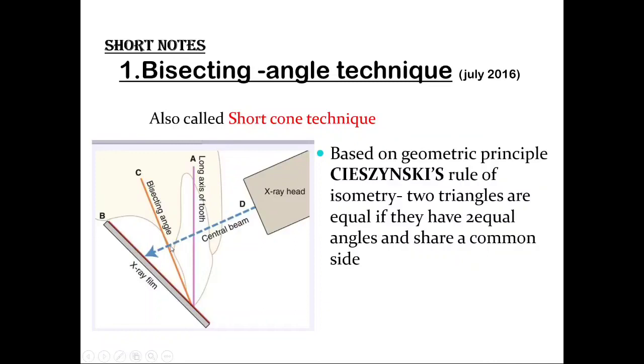Once this perpendicular bisector bisects the angle, it bisects it into two equal angles. So you have two equal angles as well as a common side. That is what the rule of isometry is supposed to be.